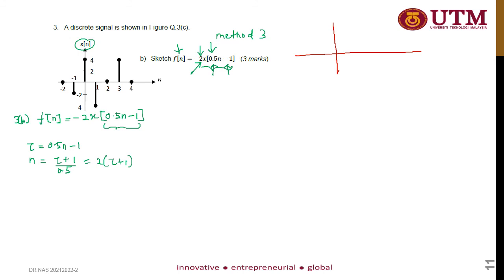So now the axis n becomes tau, right? So it's here: -2, -1, 0, 1, 2, 3, and 4.